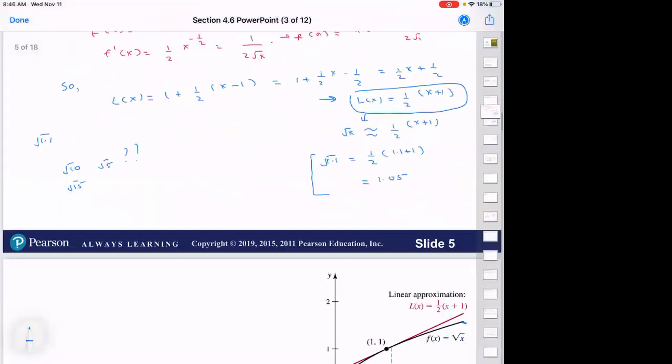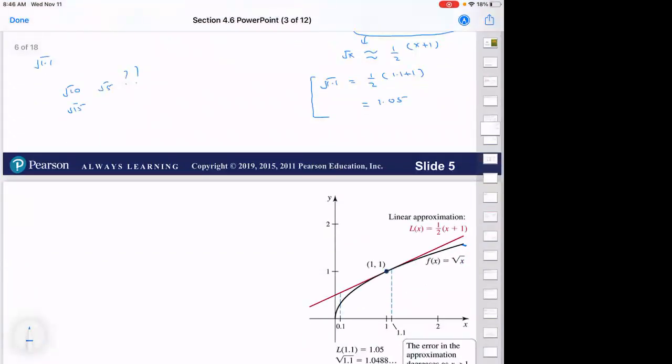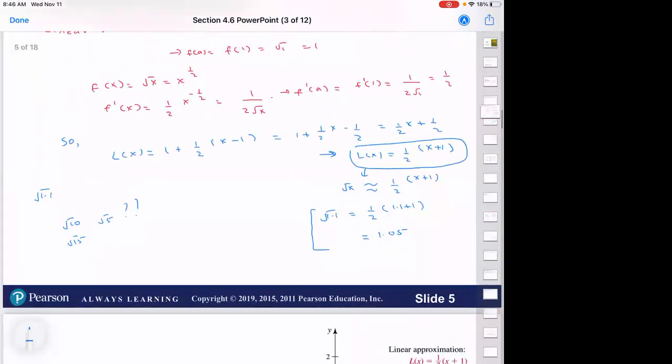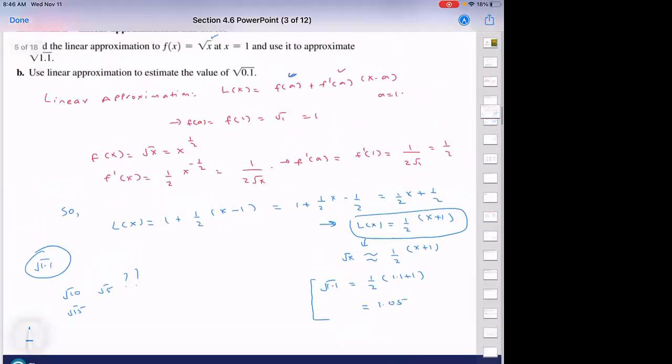Okay, so it is at 1. Then you get a totally different linear approximation when you find it at 10 or 9 or 11. So to answer your question, we are using linear approximation to find the value of square root of 1.1 because 1.1 is close to 1. Understand that?